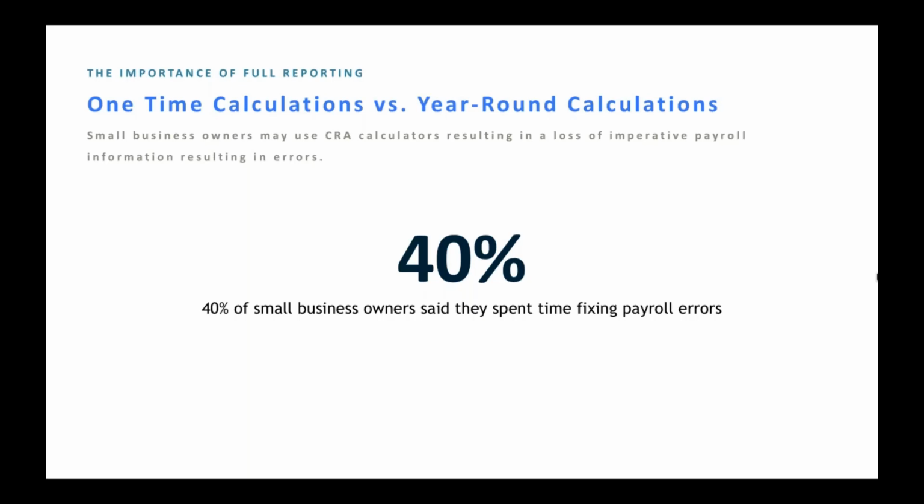But a lot of times, the CRA calculator and other one-time calculations don't take everything into account. They don't take into account year-to-date information. Things like, did the employee max out on CPP and EI? And if so, did you know about it? And if you didn't, then you are potentially paying more as the employer, and trying to get that money back from CRA is definitely a challenge.